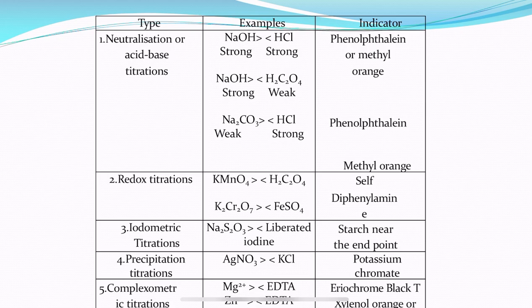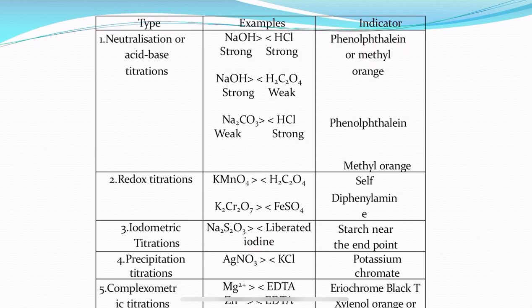Back titrations means two solutions will be used, and the solution whose normality or strength has to be determined is reacted with the titrant with the help of iodine, that is, potassium iodide is used in these types of reactions. In iodometric titrations we use potassium iodide, and the liberated iodine is back titrated with sodium sulphate.